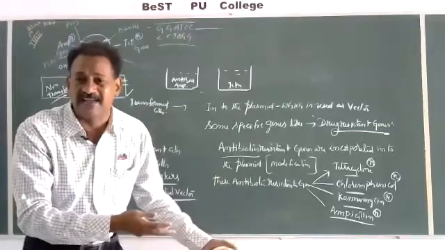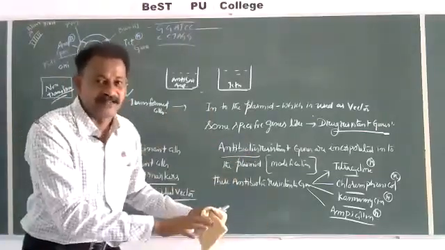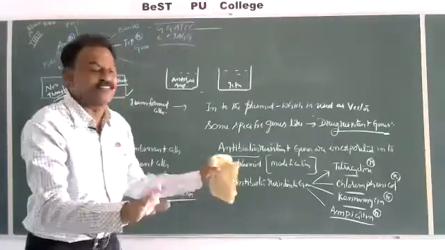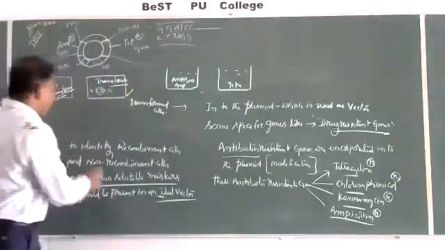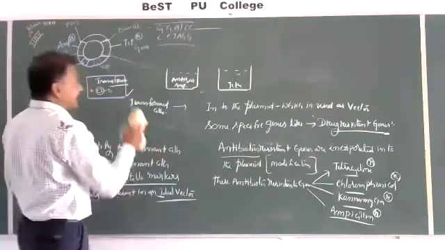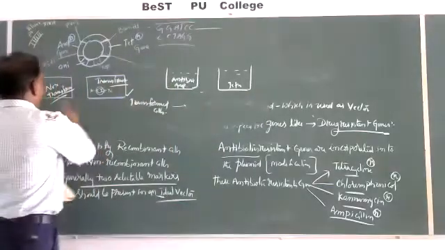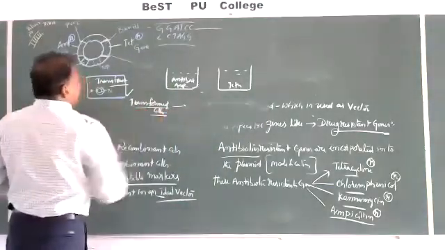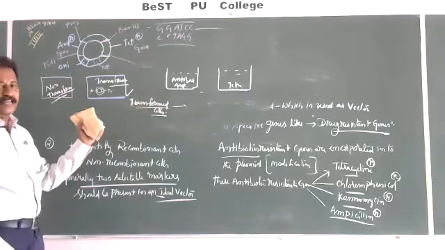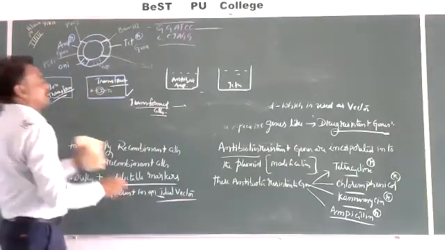If they do not have it, it means they are not transformed, they have not received the plasmid, and they will not survive in the medium. To identify the recombinant cells and non-recombinant cells, see here, we transformed all those bacteria which have resistance genes for ampicillin and tetracycline.